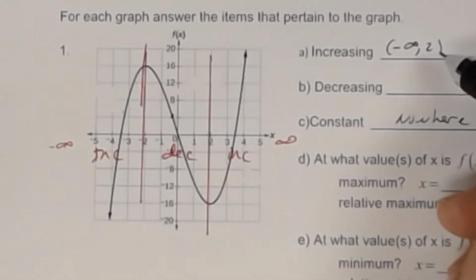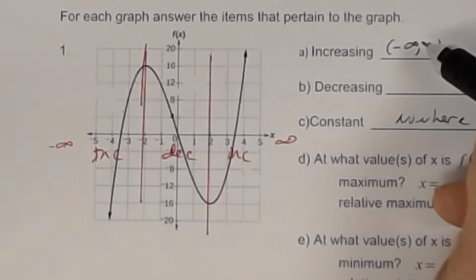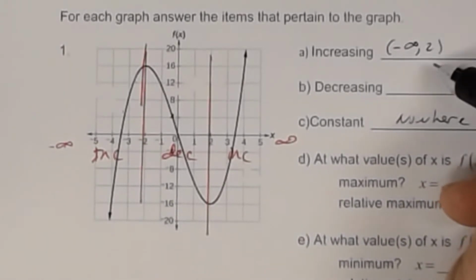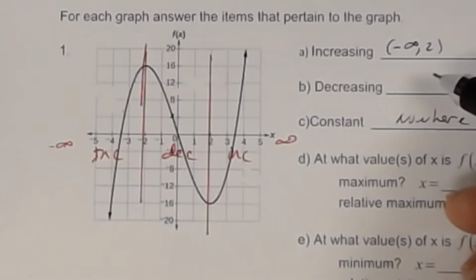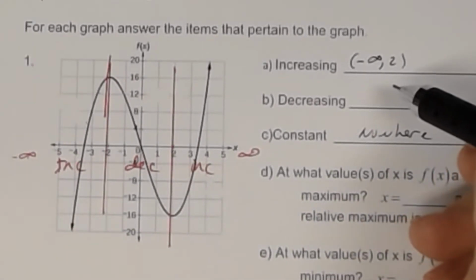And just to remind you, for increasing, decreasing, constant, it's always parentheses. For the part of the course that we're in right now, the only time you're going to worry about brackets is when we're talking about domain or range. For increasing, decreasing, constant, it's always going to be parentheses.